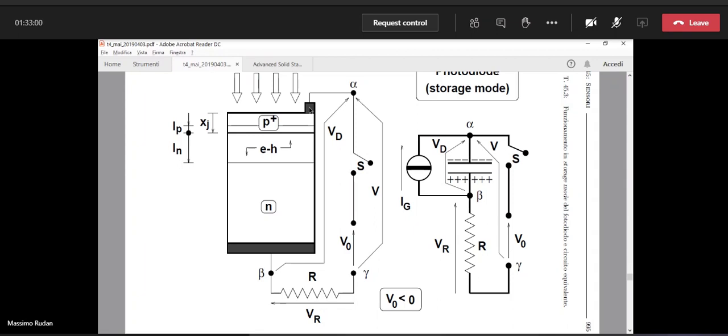The only possible solution to this is that the neutral region of the p-type must be very thin. So we need a very shallow junction. The junction must be very close to the upper edge of the device in order to limit the extent of the neutral region of the p-type.